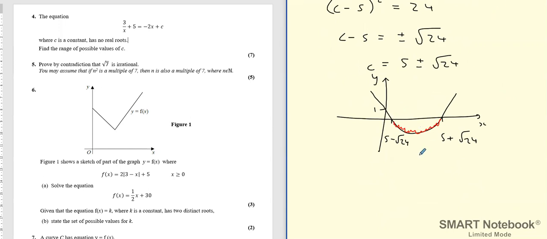And so the values of c are going to be: c lies between 5 minus root 24 and 5 plus root 24. As long as c lies between these two values, there are not going to be any real roots for this equation, is what we have found out here.